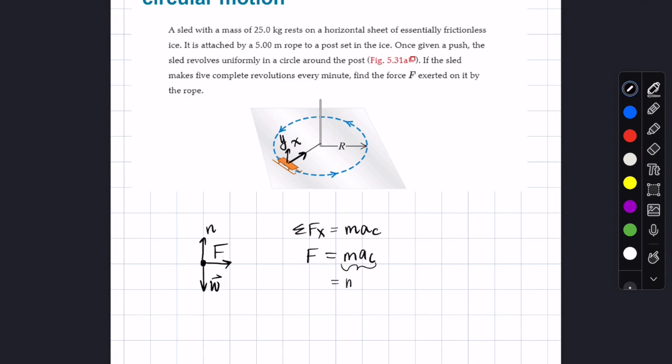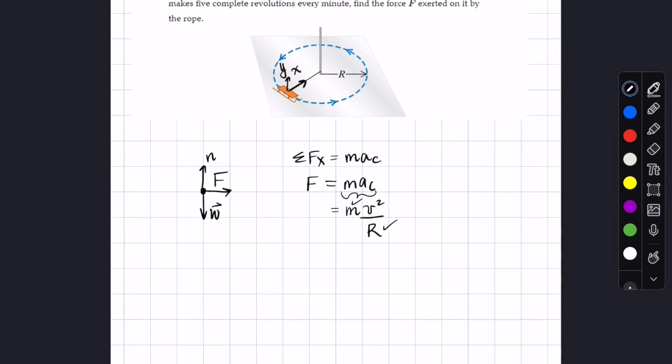F is equal to the mass of the sled times the centripetal acceleration, which would be the speed of the sled squared divided by the radius of the circle. We are given the radius of the circle, and we're given the mass. What's v? We're given some information that's going to help us find v.